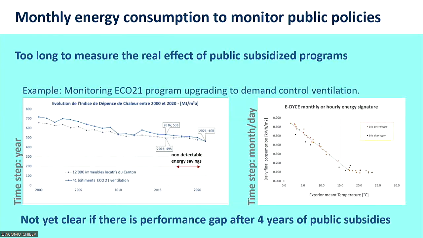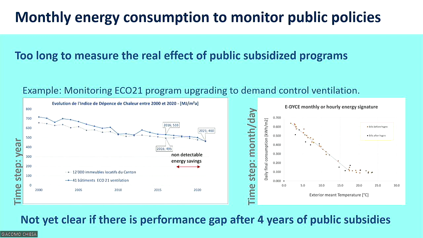So we tried to apply this to a new program with demand control ventilation. We performed an EPC before and an EPC after. It was me that did all the design of this program. We have something like 60 megajoules per square meter of energy potential.